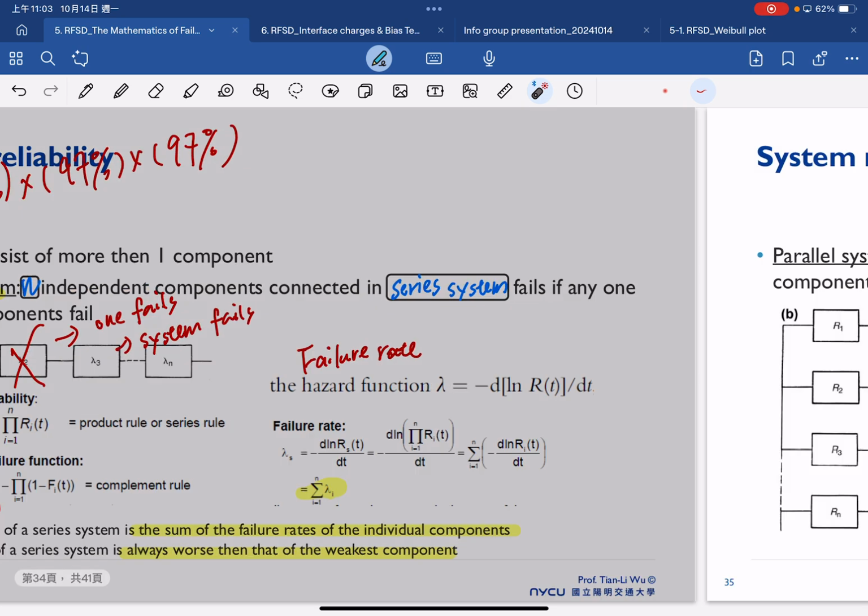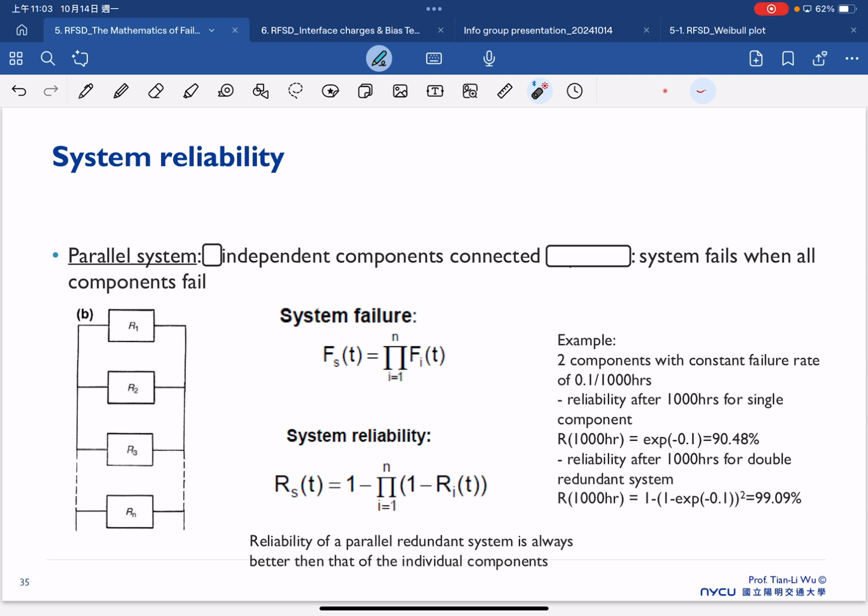On the other hand, we have another one called the parallel system. In the parallel system, we have n independent components connected in parallel. So the system fails when all components fail. For example, this is one. We have 1, 2, 3, 4, all connected in parallel.